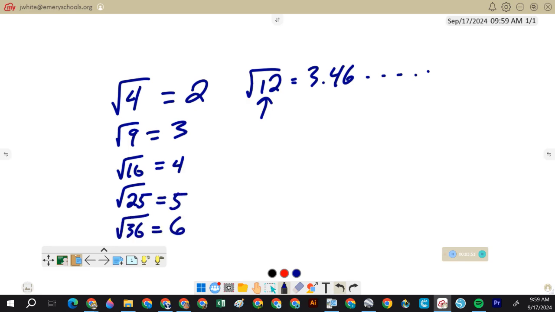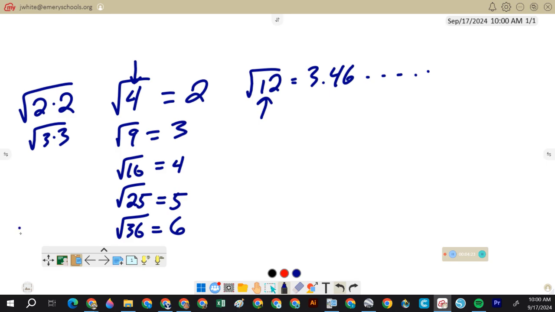But I want to show you something about these that maybe you've never thought of. Why does 4 square root? Because it is 2 times 2. Right? So the square root is asking what number times itself is 4? And the answer is 2. So 9 is the square root of 3 times 3, right?